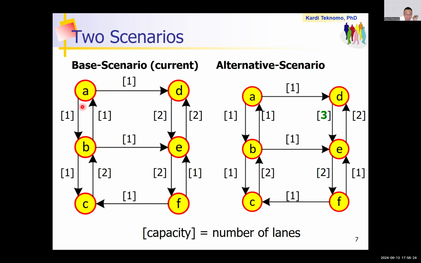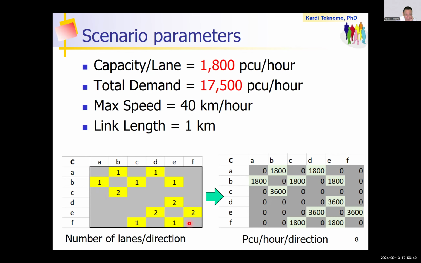So I put this network into a matrix. You put that into Excel. So I have A, B, C, D, E, F, and then you put it into a matrix, something like this. This is the capacity matrix. So I put A, B, C, D, E, F, and C here represents the capacity matrix, in the number of lanes per direction.